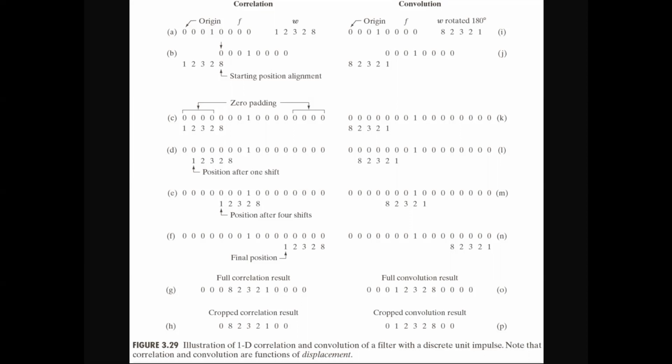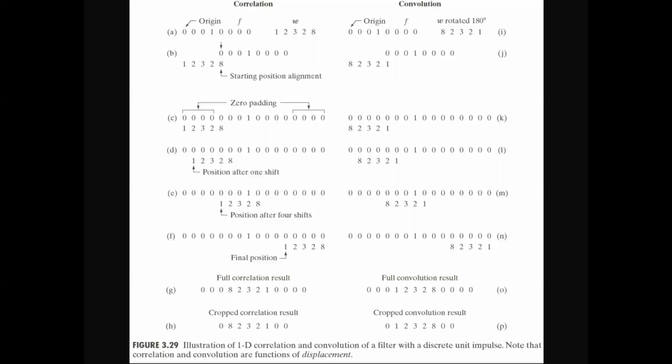In this figure, the image is represented with f and the filter is represented with w. Let us consider the first column, which is related to correlation, and the second column, which is related to convolution.